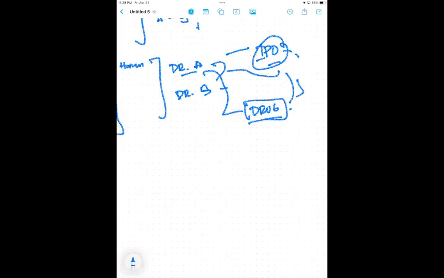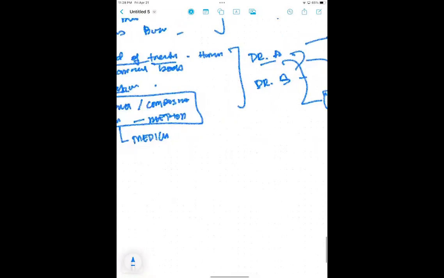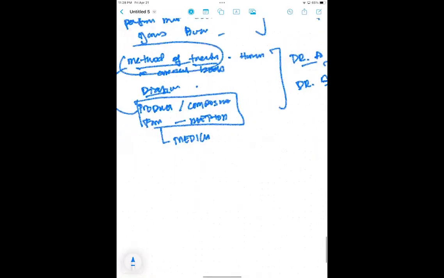The answer is yes, right? Because this is not a mere method of treatment. It is a product, right? A product for use in the method of treatment.